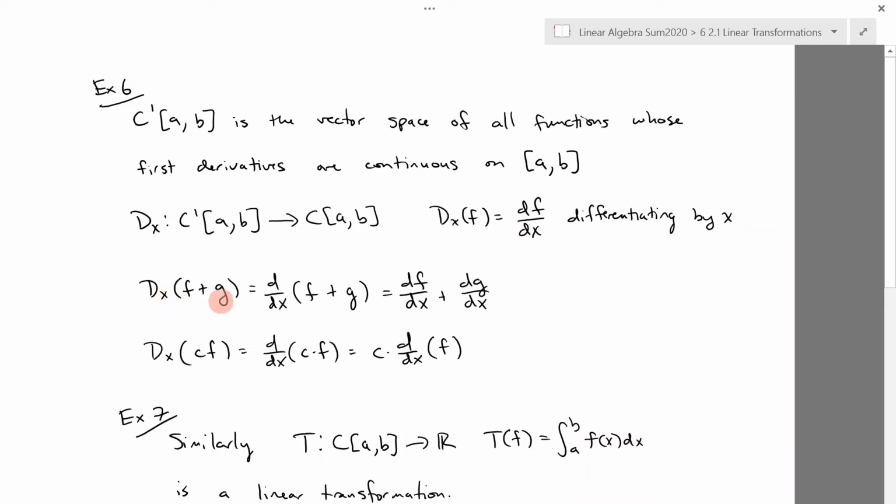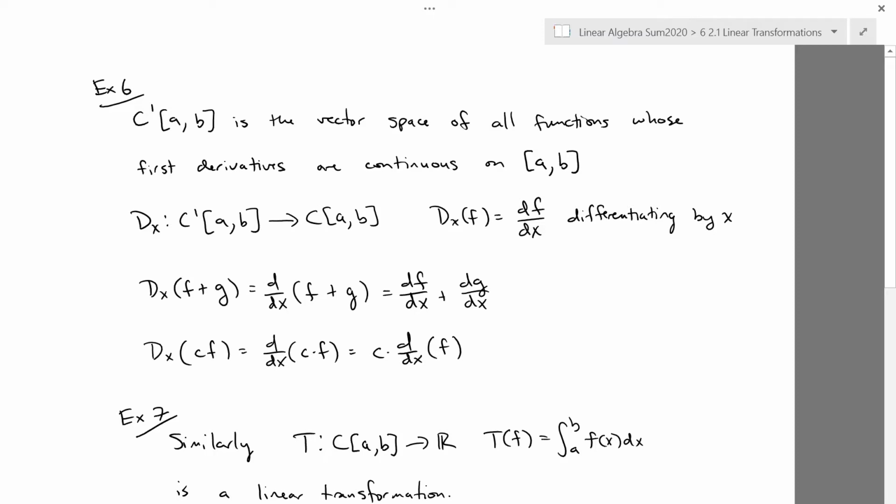From calculus, we know that the derivative of the sum of two functions is the sum of the derivatives, and for the derivative of a constant multiple, you can just pull the constant multiple out. So this is exactly the two properties for a linear transformation. And so we see that the derivative is a linear transformation for differentiable functions.